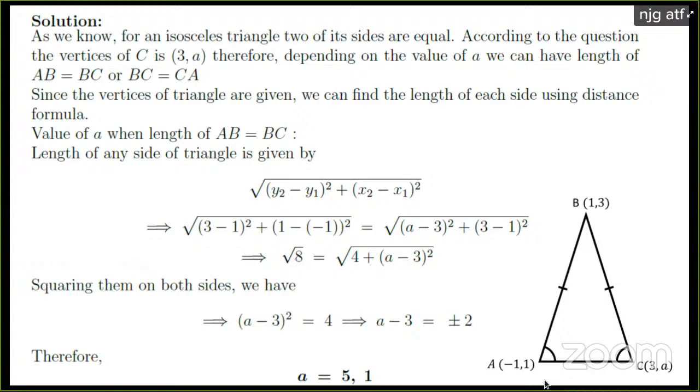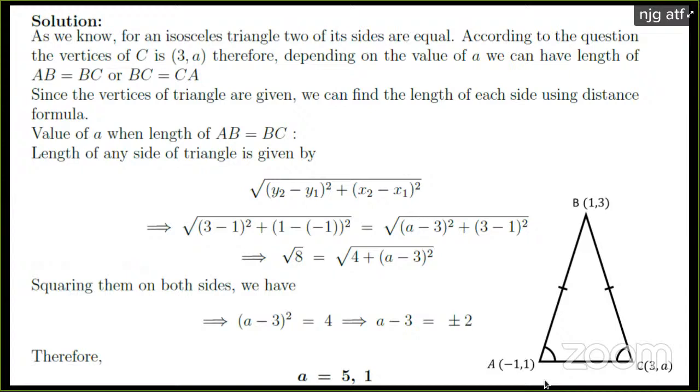We know that the length of AB can be calculated by using the distance formula because you know the coordinates of A and B. If this is equal to the length of BC, then square root of (3 minus 1) whole square plus (1 minus (-1)) whole square is equal to square root of (a minus 3) whole square plus (3 minus 1) whole square.